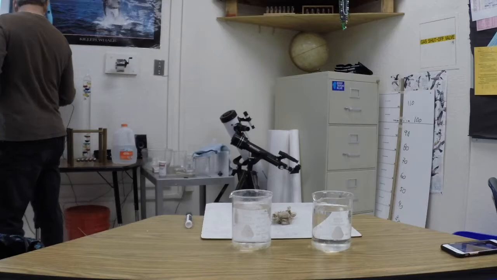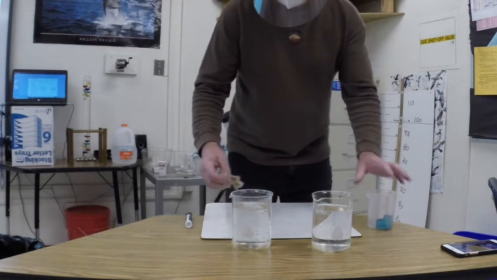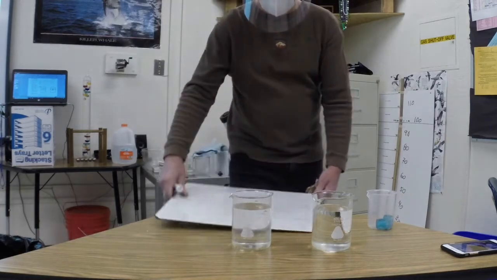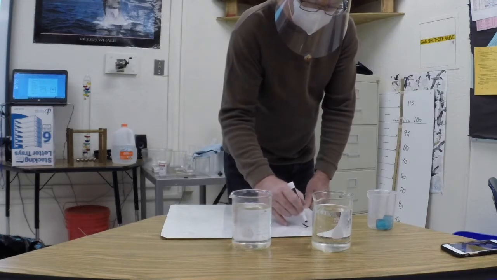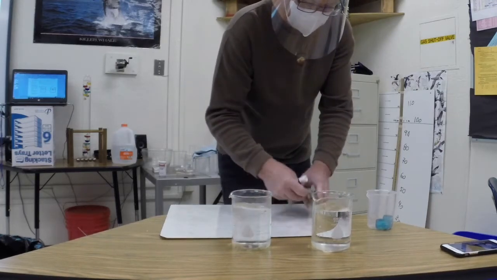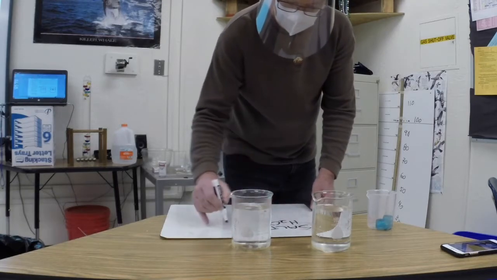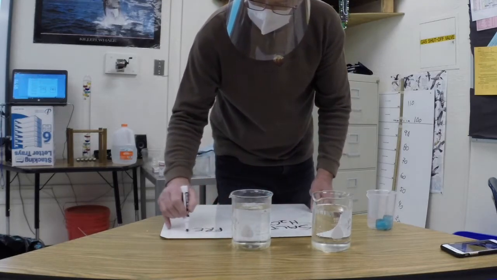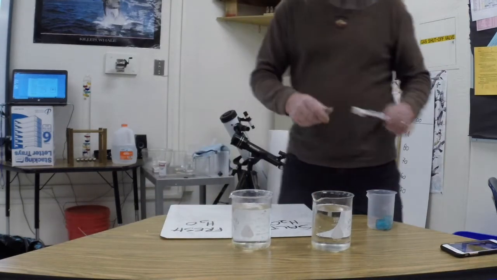Make a prediction of which one you think is going to melt faster. The cube in the fresh water or the cube in the salt water. So which one is going to melt faster?